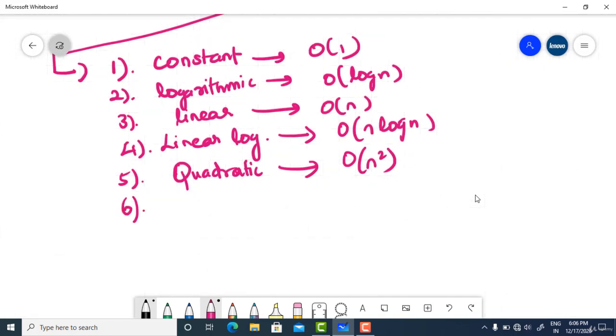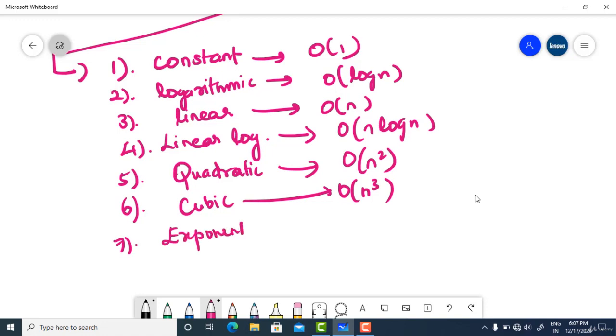Next one is cubic time complexity, O of n cube, and I can also go for exponential time complexity, which may be O of 2 power n, O of 3 power n, and O of 4 power n, and so on.